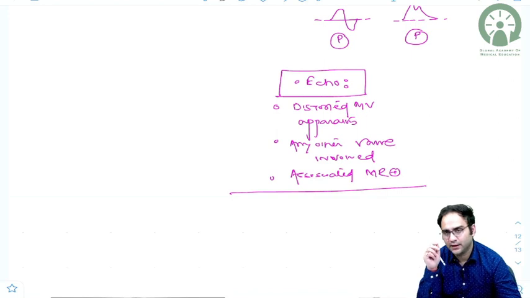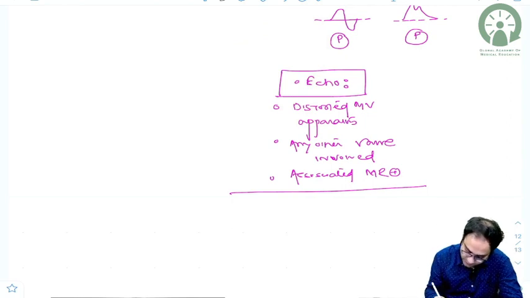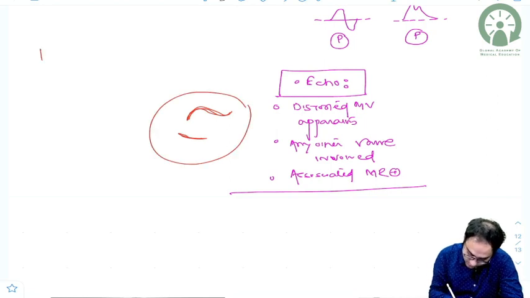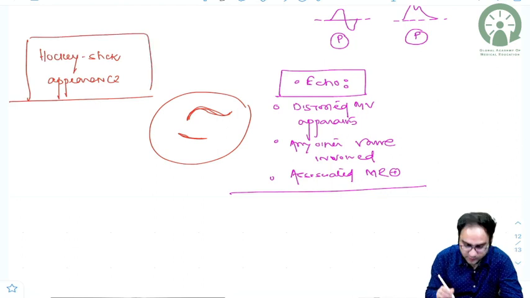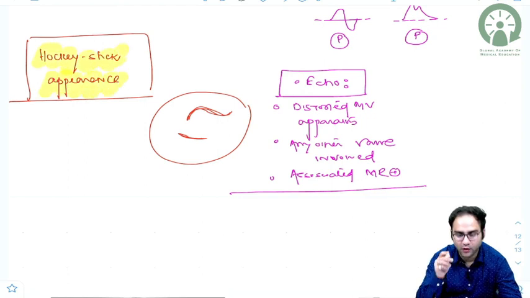If you have read the module on rheumatic fever, I have told you that we get a type of configuration in echo where this is the anterior mitral valve leaflet and this is the posterior mitral valve leaflet in the echo. So this appearance is known as the hockey stick appearance. You get basically the hockey stick appearance of the mitral valve apparatus in mitral stenosis, right?